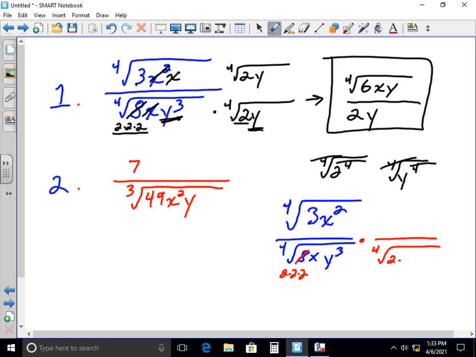And if we don't reduce to begin with, how many more x's do we need? We need 3 and 1 more y. So we need that same thing on top. The 2, 3 x's, and a y.